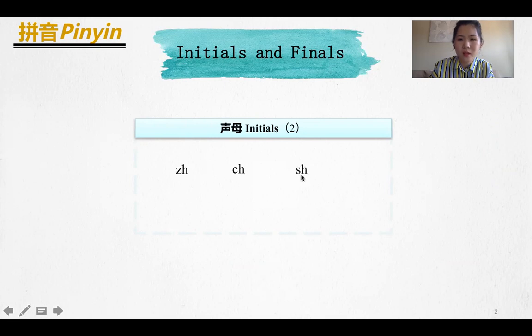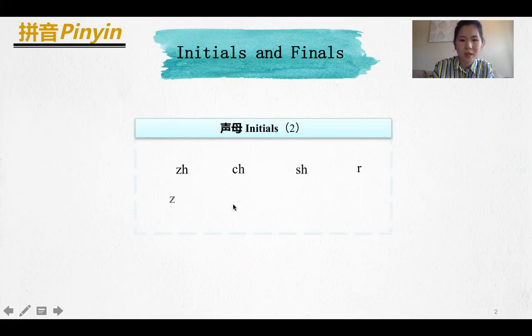And then this one, sh, sh, sh. And this one, if you spell it longer, you have sh, and then you have r, r, right? R. Okay, so these are the last set of initials we've learned with the curled tongue. You curl your tongue, you say zh, ch, sh, r.